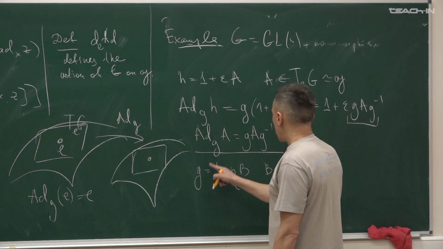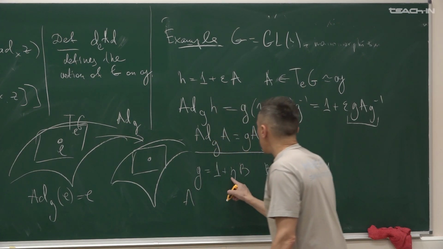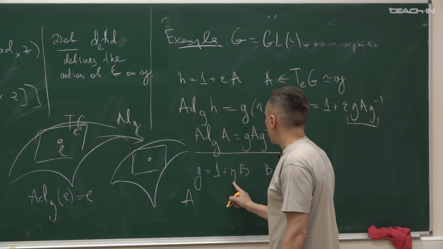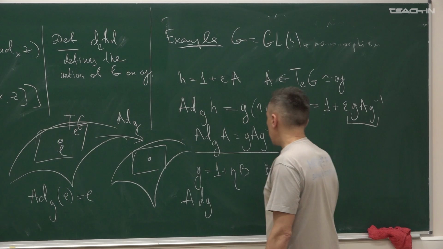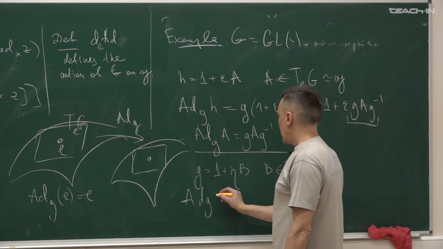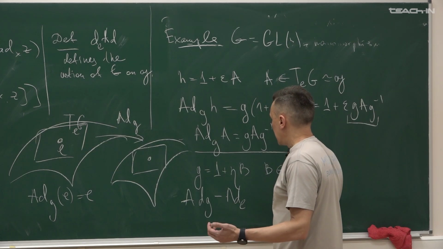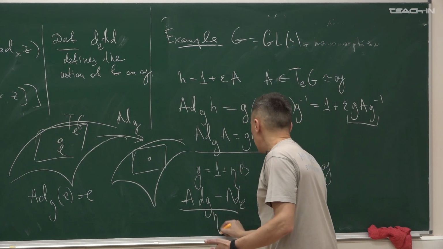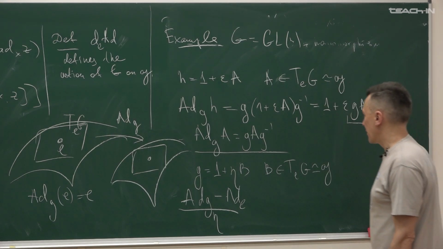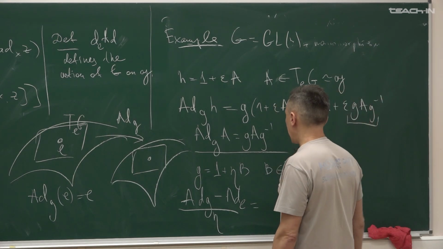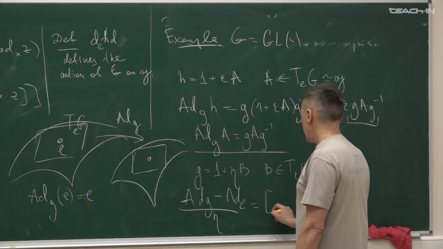And we'd like to consider the differential with respect to this parameter. So we consider Ad_g minus Ad_e, divided by eta, and it would be the commutator.